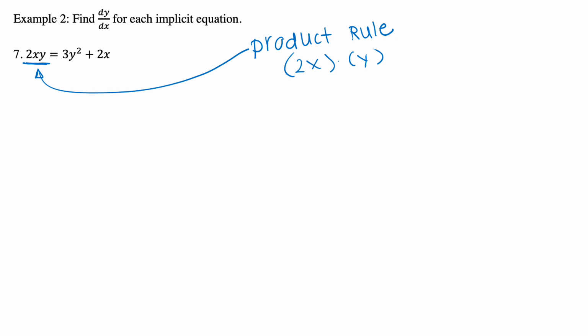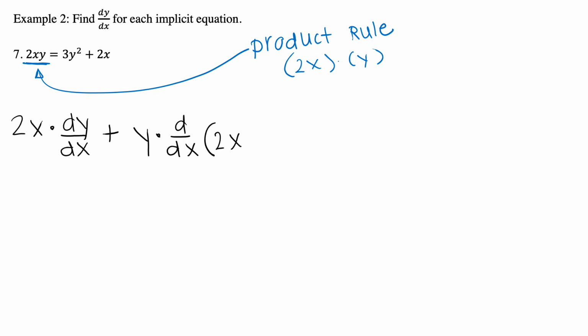When I take my implicit differentiation, using the product rule on my left-hand side, I need my first times the derivative of my second. So I need my first function, which is 2x, times the derivative of y with respect to x, which I can write as dy/dx, plus the second, which is y, times the derivative of the first, which would be the derivative with respect to x of 2x.